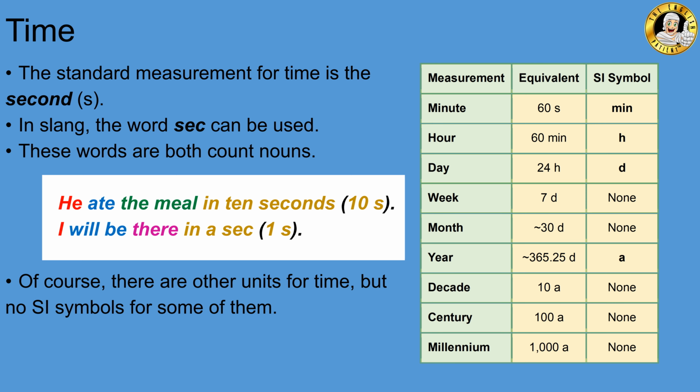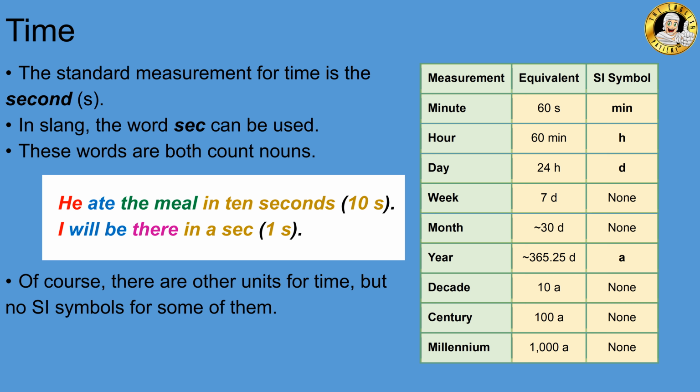Now, of course, there are other units for time, but some of them do not have SI symbols for them. Let's take a look. So a minute, this is 60 seconds, and the SI symbol for this is min in small case. Hour, this is 60 minutes, and the SI symbol is a small h.